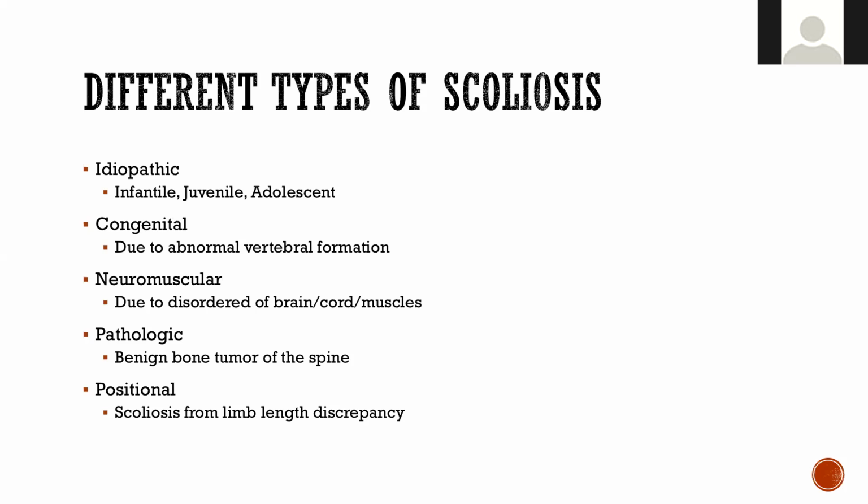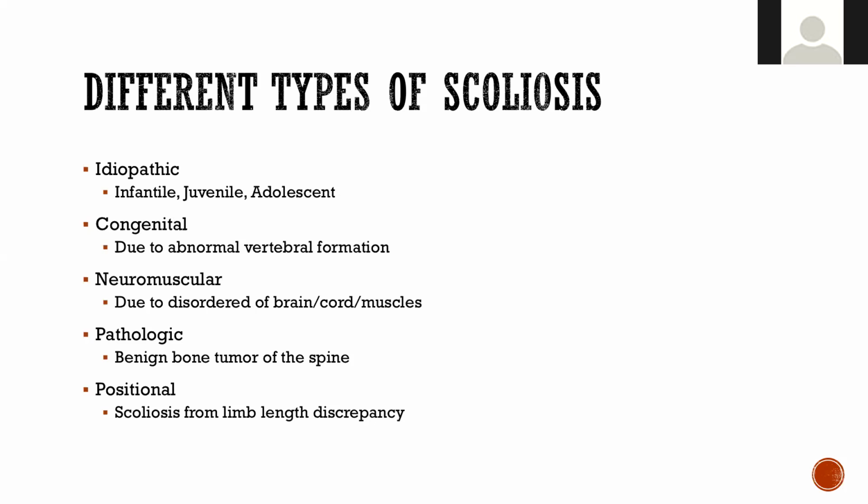Congenital is due to something that they're born with. It's a failure to form essentially in the spine, either failure of segmentation or failure of formation, and it's either less bone or fused bone.